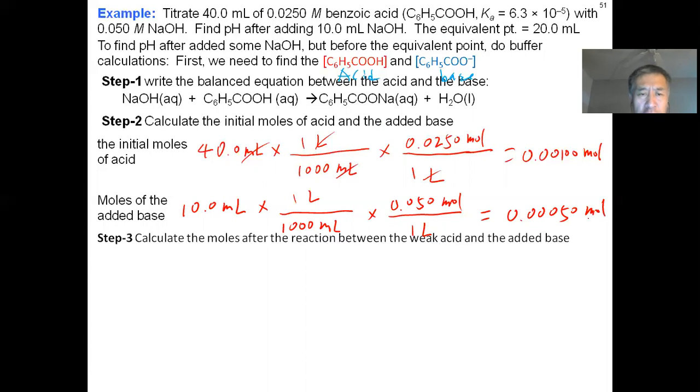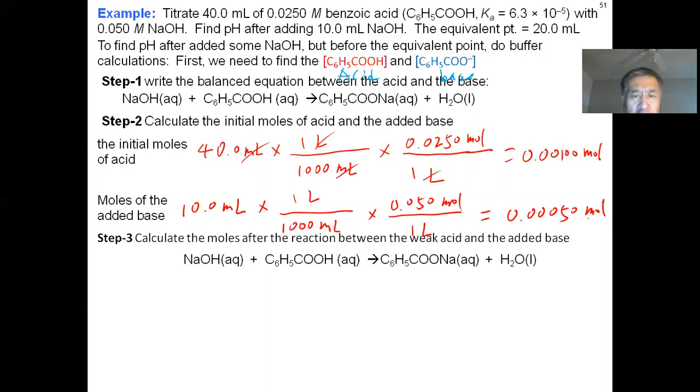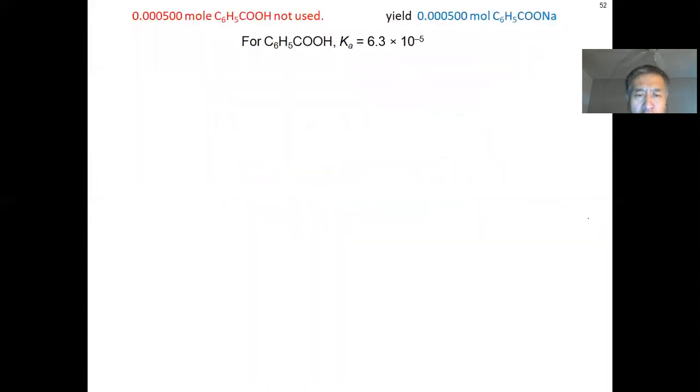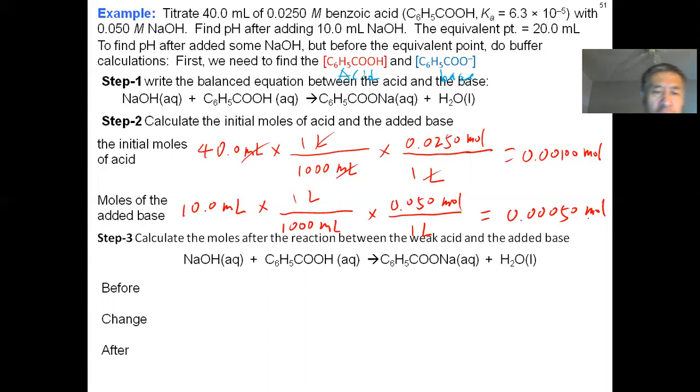Okay, so next, we will calculate the moles after the reaction between the weak acid and the strong base added, which is easier to do using the table format. This table is a little bit different from the ICE table for equilibrium, because this equation is not an equilibrium. So let's summarize the information. How much NaOH before the reaction, which means before this reaction happens, and obviously the NaOH is already added to the mixture?